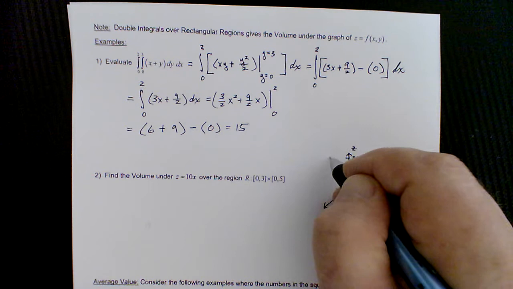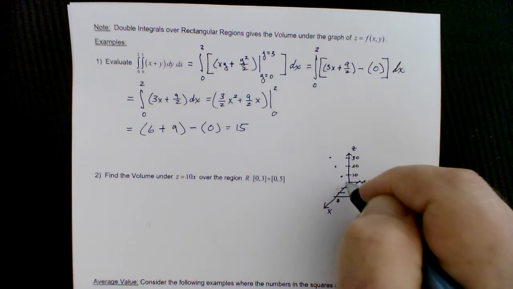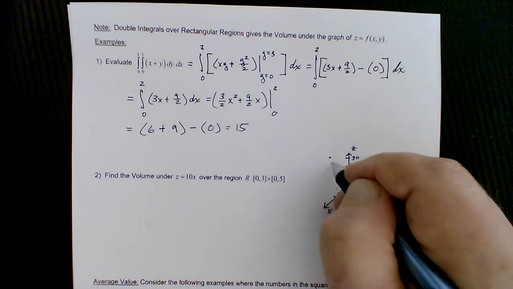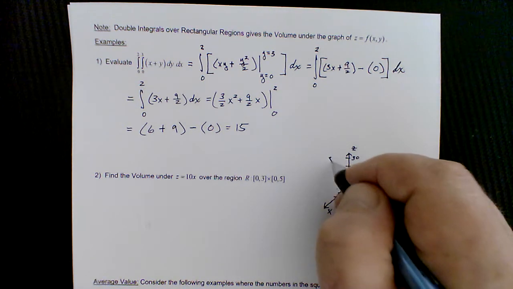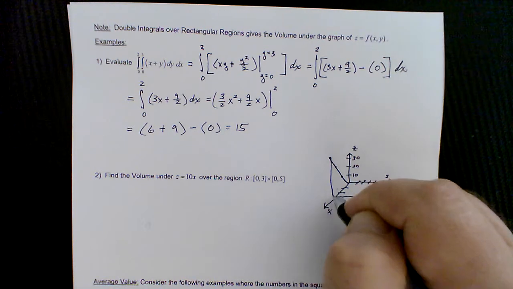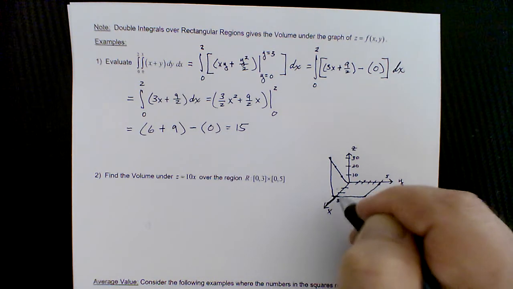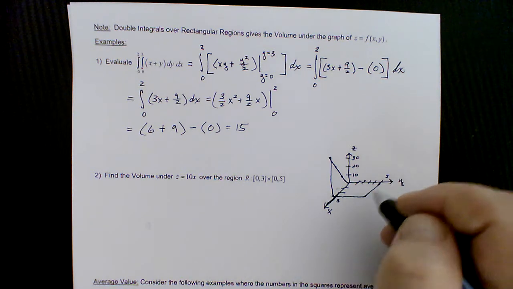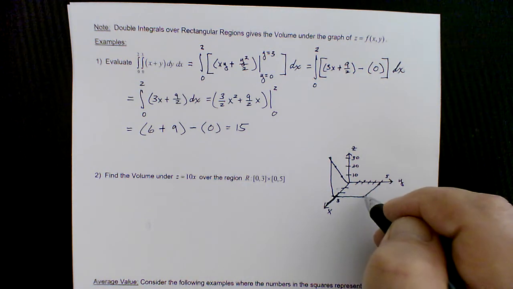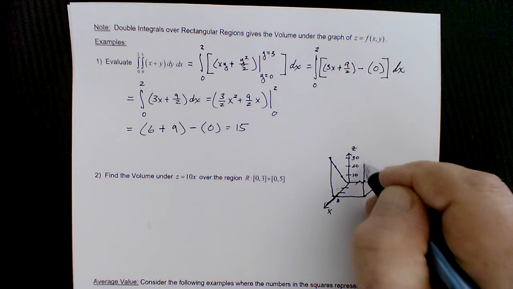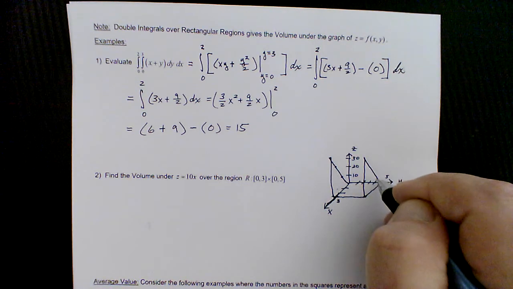When x is 3, z is 30. So this is coming out of the paper at us and forming that little triangular piece with the x-axis at x equaling 3. So we basically would have a mirror image of that here, a little triangular piece.